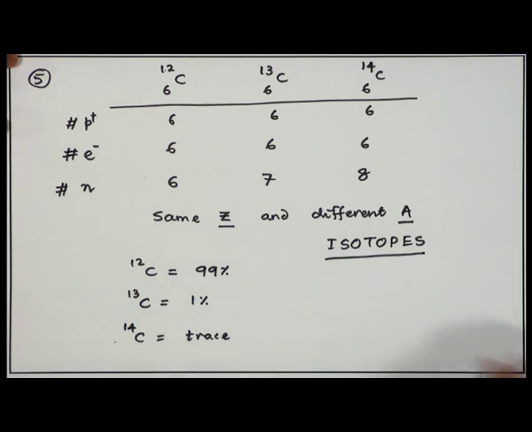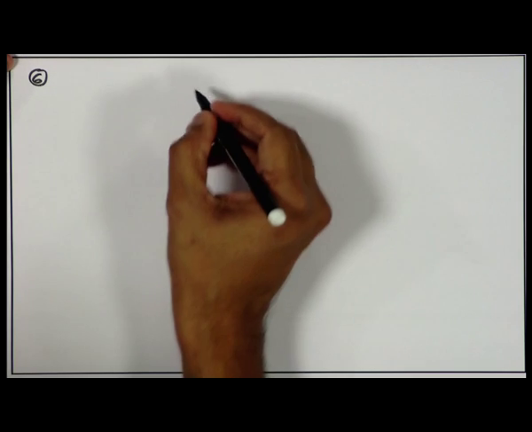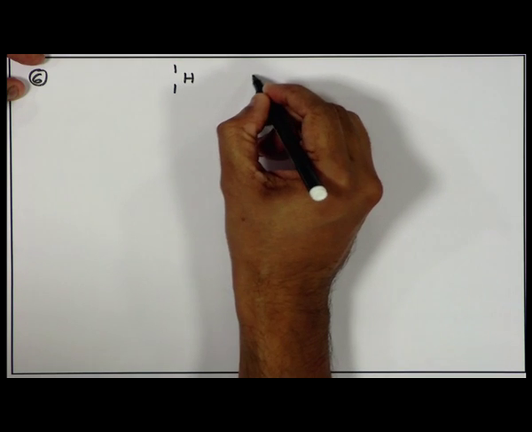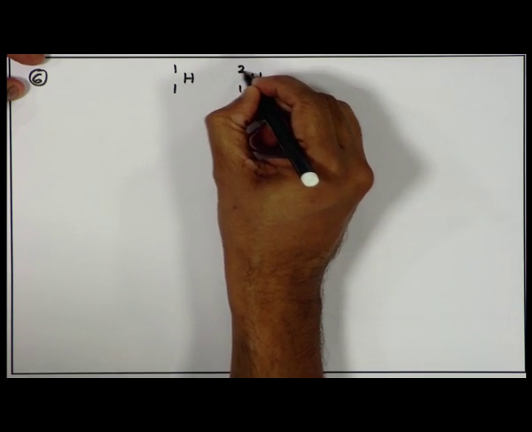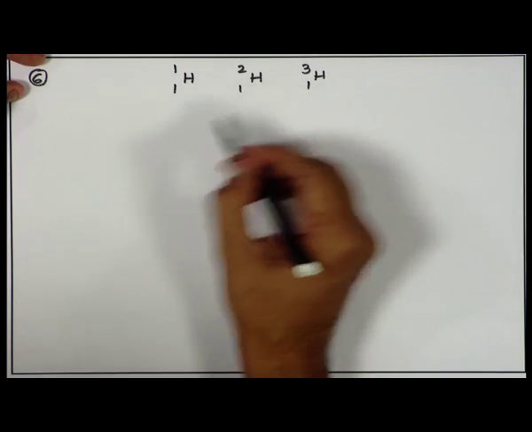So, we saw that when 2 or more atoms have the same atomic number but different mass numbers, we call them isotopes. We will take one more example of isotopes, example number 6. These are the isotopes of hydrogen. So, we have 3 different forms of hydrogen.